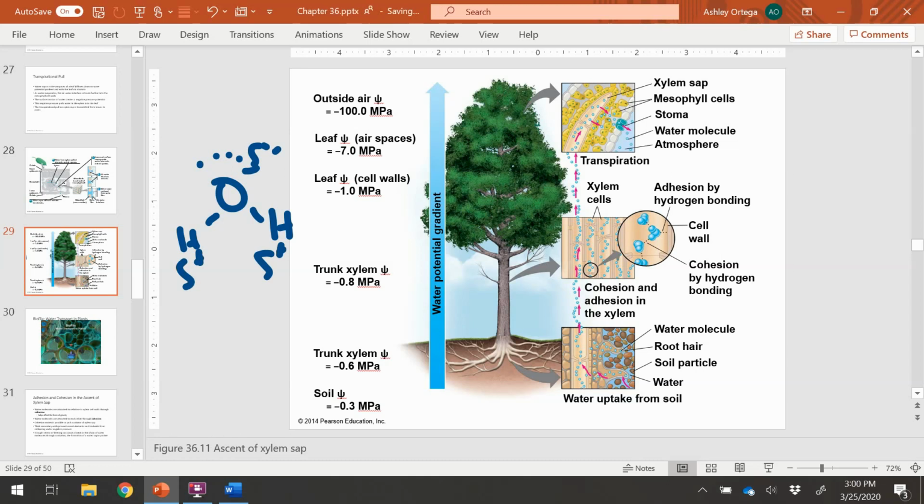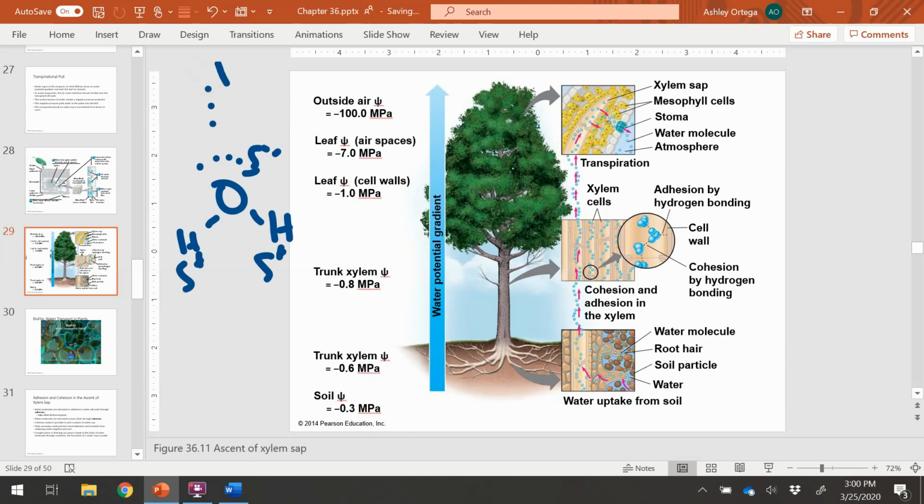The partial negative will form a temporary bond with a partial positive hydrogen from another water molecule. These water-to-water bonds are an example of cohesion.